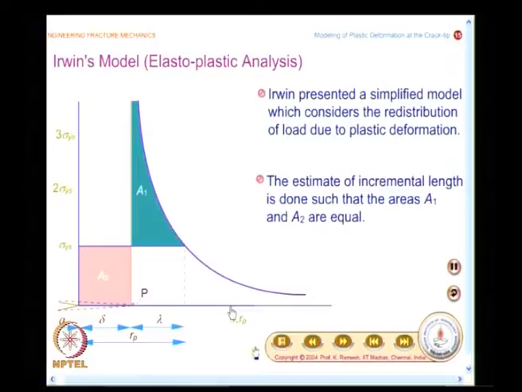So, you make an attempt to look at the redistribution of load, which was not done in the simplistic model. And imagine this itself is a big circus along the crack axis. If you have to find out the shape of the plastic zone, this kind of redistribution should be looked at for every angle, which is not possible from your hand calculation. You will have to depend on a computer to do it.